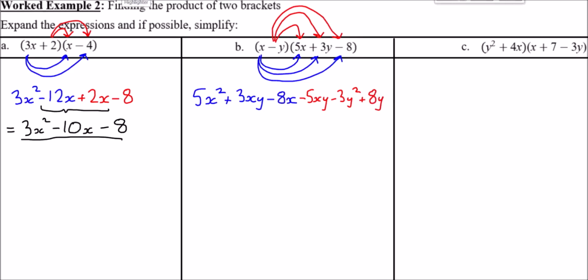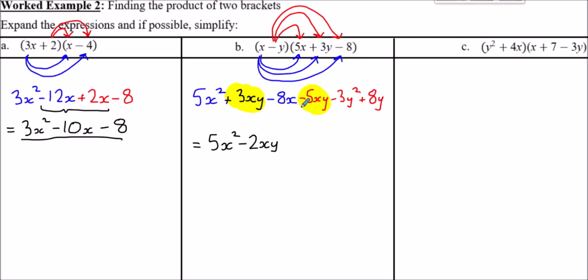We can now simplify this down a tiny bit, because if you're eagle-eyed and careful, what you should see here is we've got like terms in xy. We have positive 3xy here, and minus 5xy over here. So these can be grouped together. Overall we have 5x squared, and 3xy minus 5xy gives us minus 2xy.